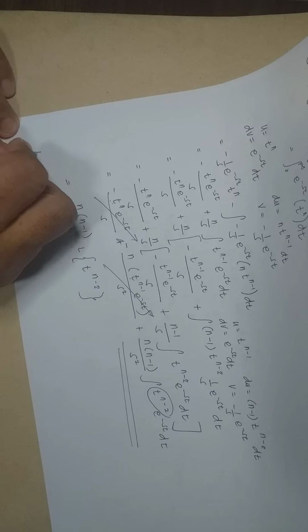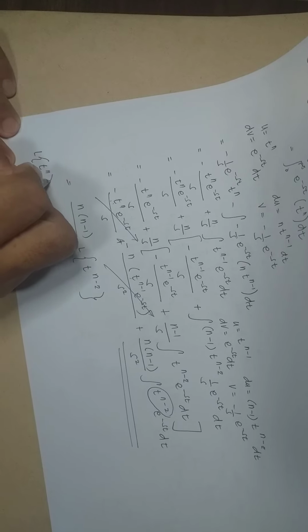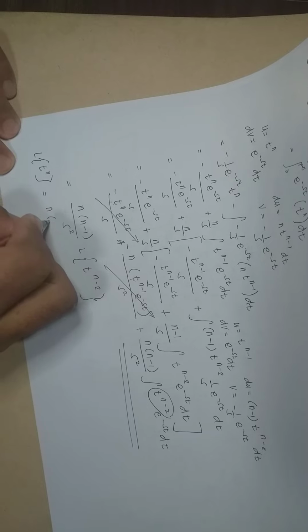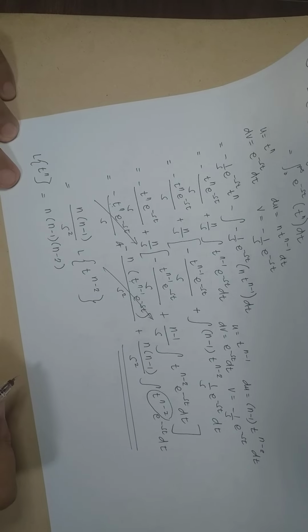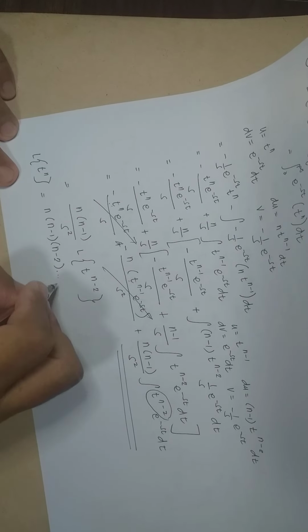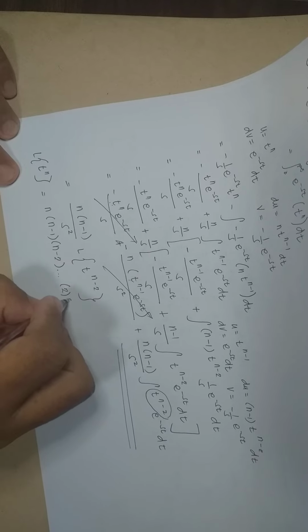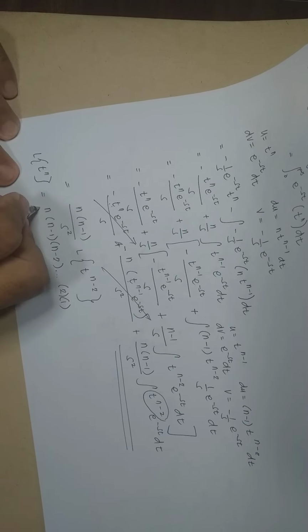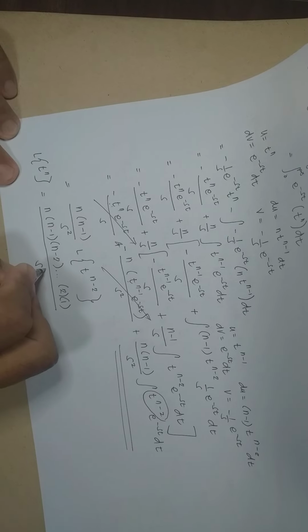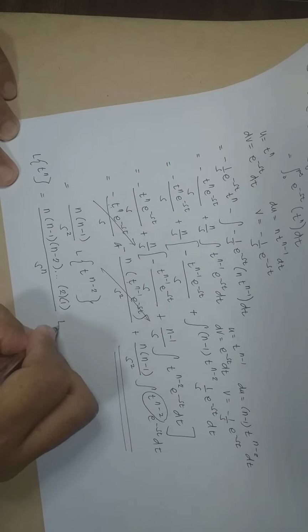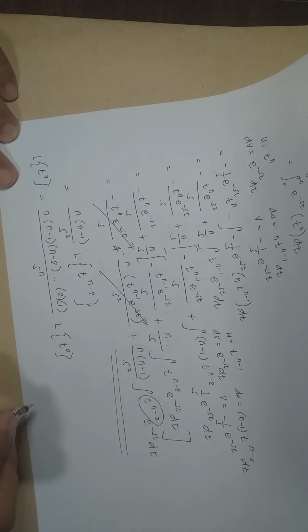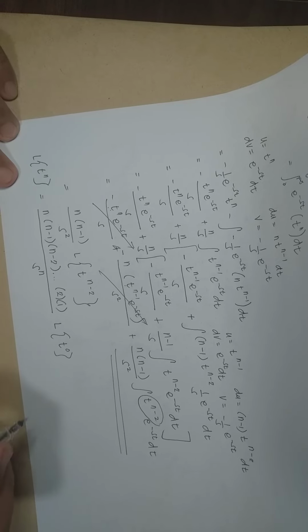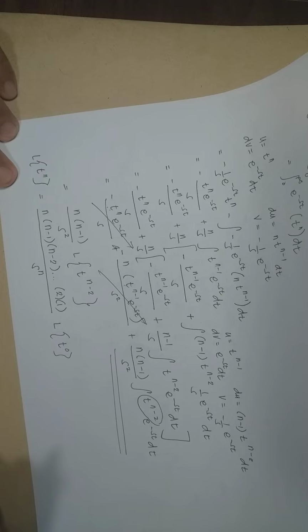Or we may have this as, in general, let's generalize, the Laplace transform of t raised to n is equal to n times n minus 1 times n minus 2, okay? And so on, up to 2 times 1, all over s raised to n. And the Laplace transform of t raised to 0, or the Laplace transform of 1, is 1 over s.